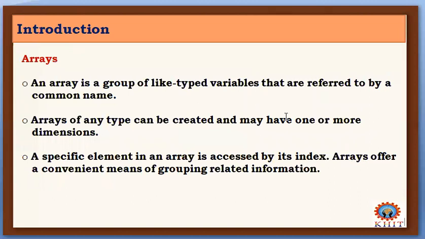You can see the definition: an array is a group of like-typed variables that are referred to by a common name. Arrays of any type can be created and may have one or more dimensions. Basically, an array is a group of similar data types or similar values, whether all integers, all float values, or all characters.